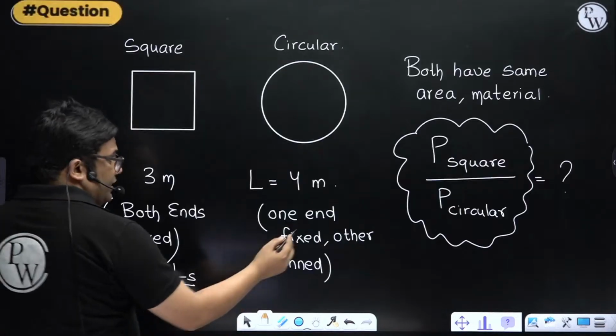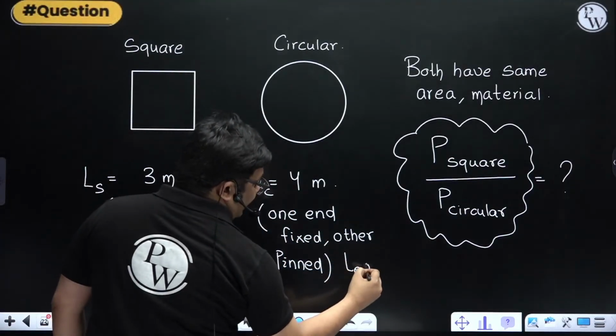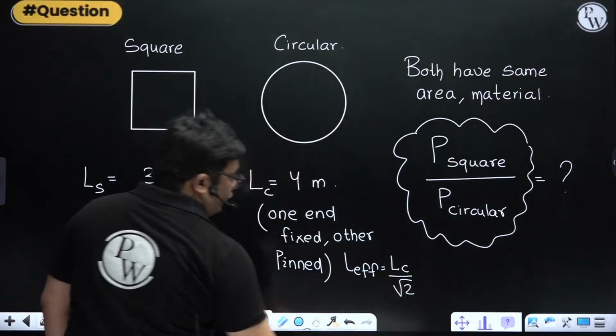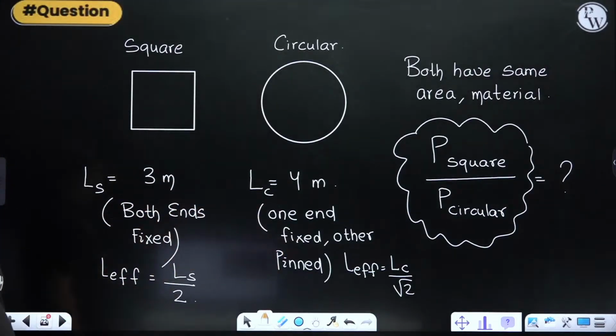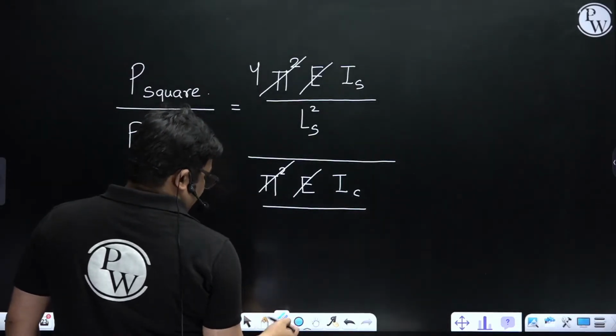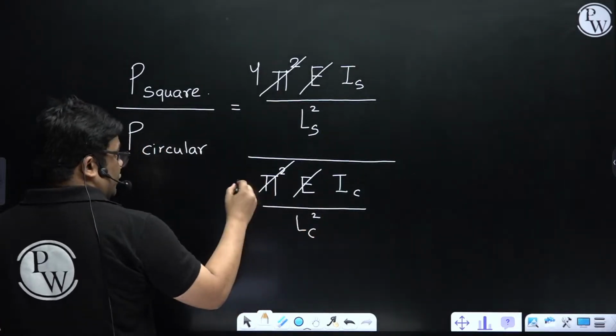The circular column has one end fixed and the other pinned, so its L effective will be LC by root 2, where LC is the length of the circle. So this becomes LC square divided by root 2 squared, which is 2.